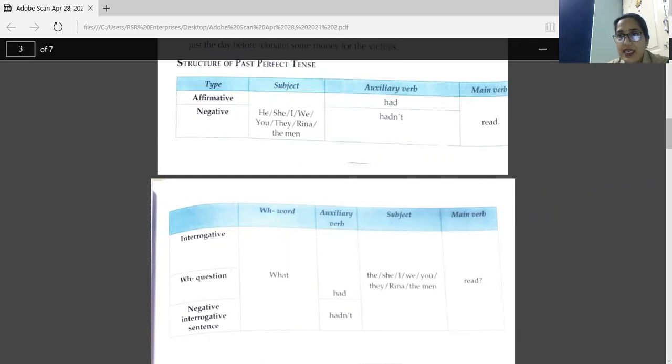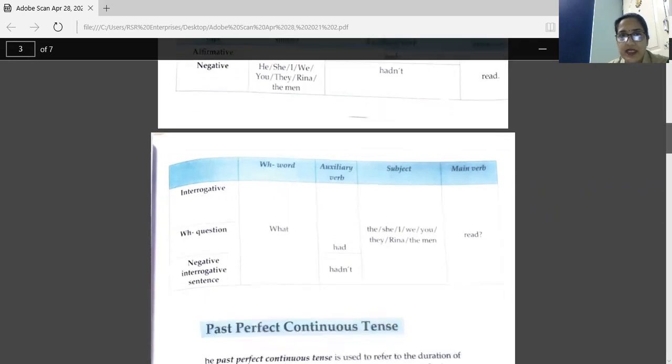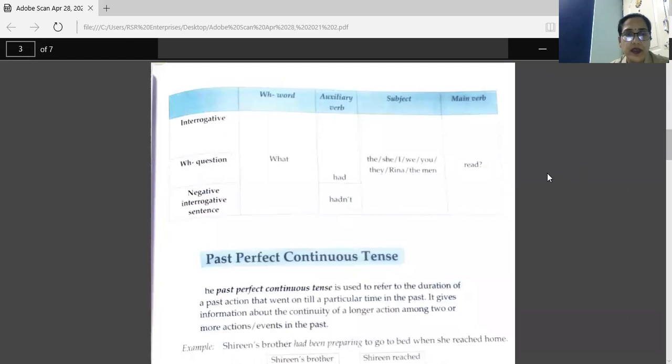Now let's see interrogative sentences. With WH word, what, auxiliary verb had, what had, then you have subject, can be singular or plural. She read, they read, he read.